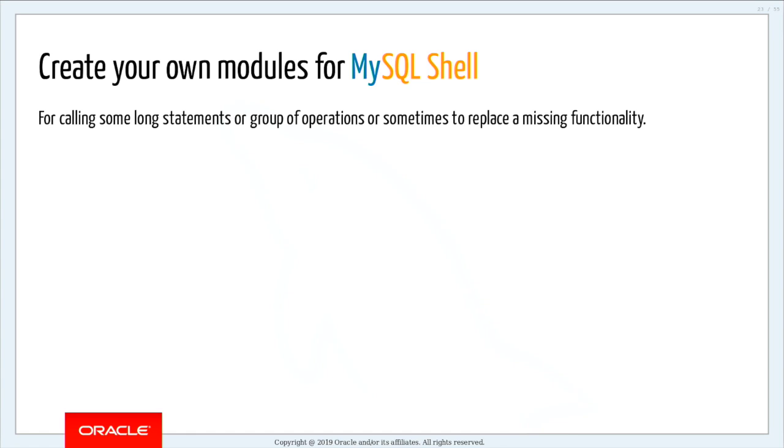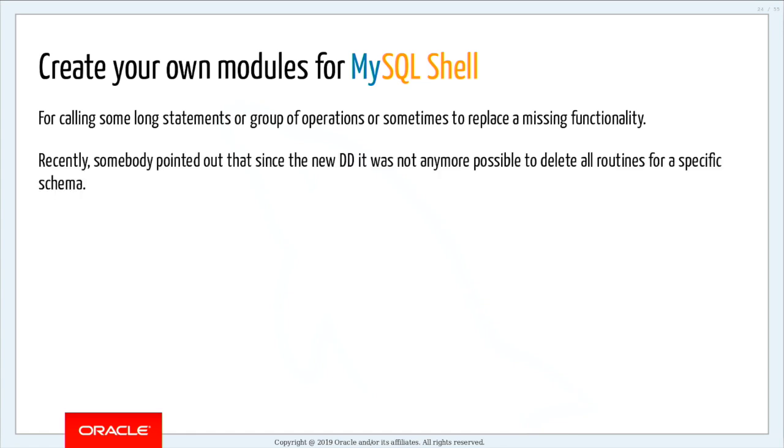Or, for example, to replace some missing functionalities that maybe you were able to do in 5.7 and it doesn't work anymore in 8.0 because we have changed it because of the data dictionary, for example, and stuff like that. And this is what I will show you here.